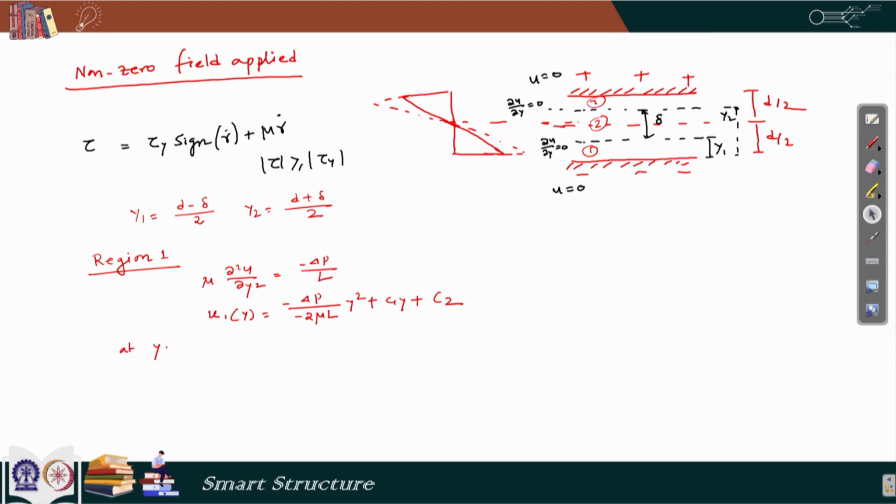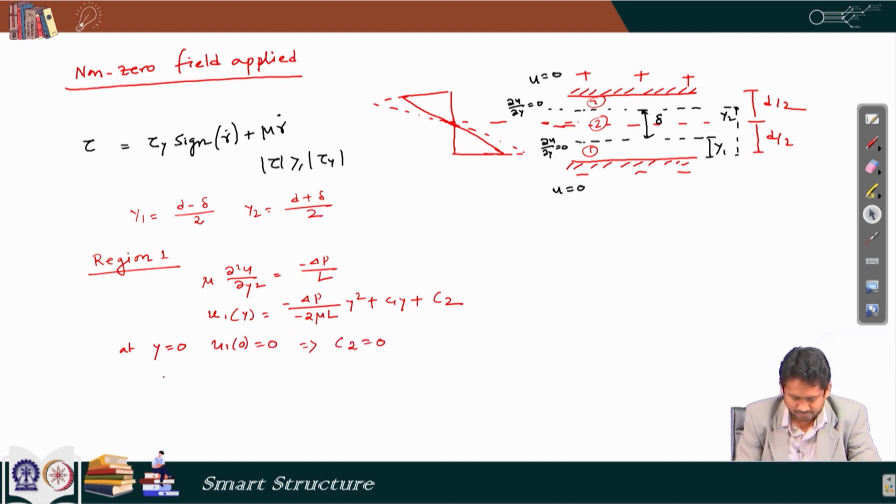So, at y equal to 0 we have u1 equal to 0, and that tells me that C2 equal to 0, and then at y equal to y1 we have del u1 by del y evaluated at y equal to y1 equal to 0.